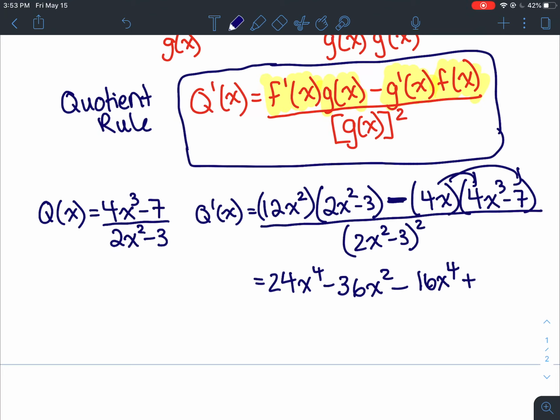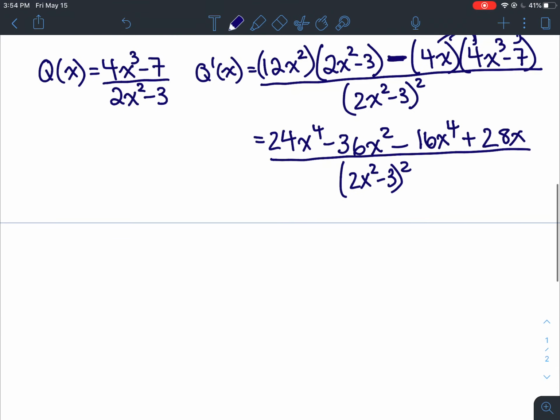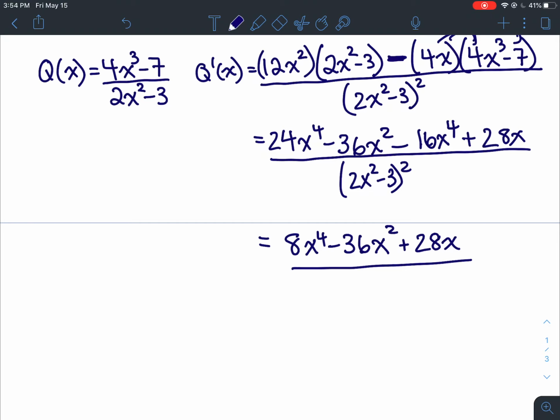The whole thing is divided by 2x squared minus 3 squared, which I'll leave together. Collecting like terms, 24 minus 16 is 8x to the power of 4 minus 36x squared plus 28x over 2x squared minus 3 squared. So that would be the derivative.